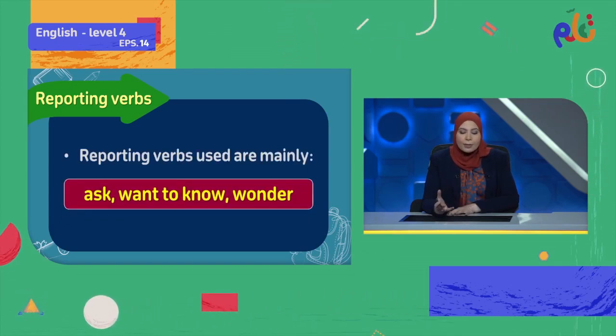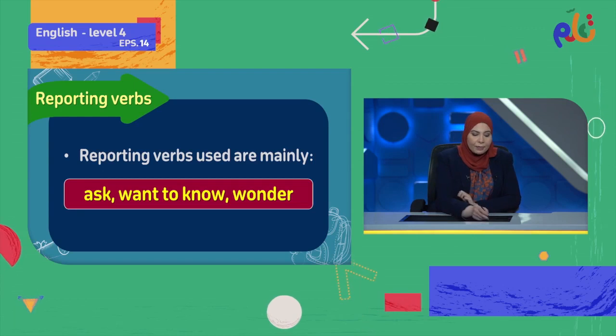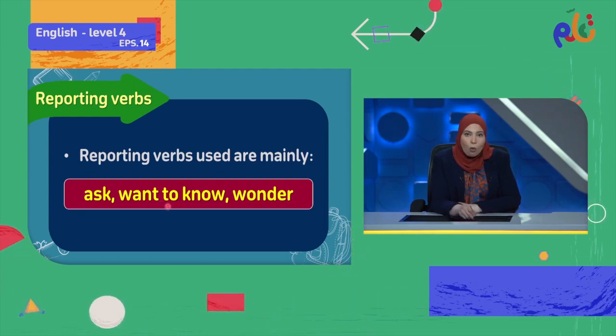So the verbs that are used are mainly ask, want to know, wonder. These are the main verbs that we use. Ask, want to know, wonder, and checked or wanted to check. So all of them would work.